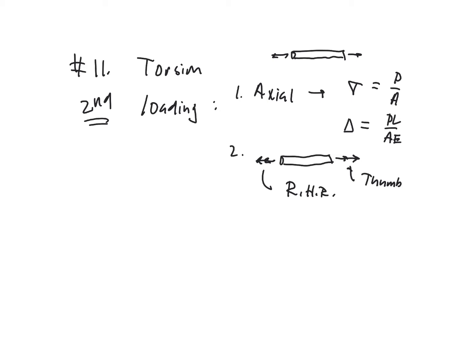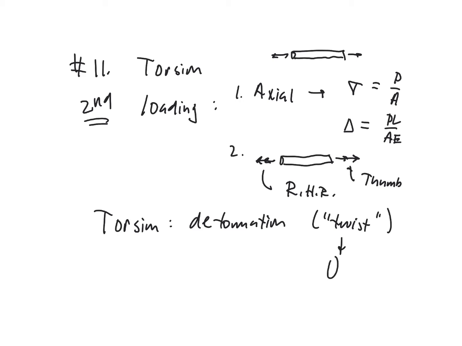So we use single arrow for force, double arrow for a moment, and in this case it is moment about the long axis. And remember then that torsion is the type of deformation. It wouldn't be necessarily wrong to use the word twist, but whenever we say twist, we typically think about theta, which is going to be the angle of twist.